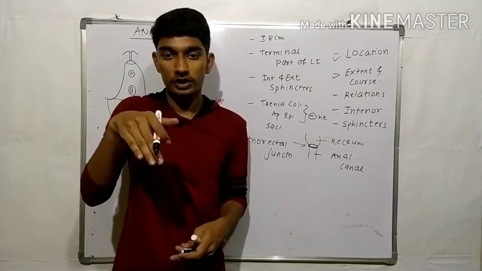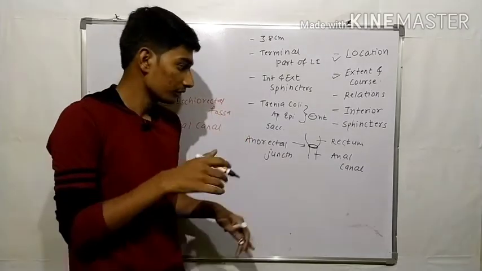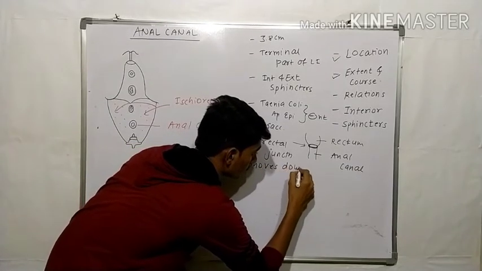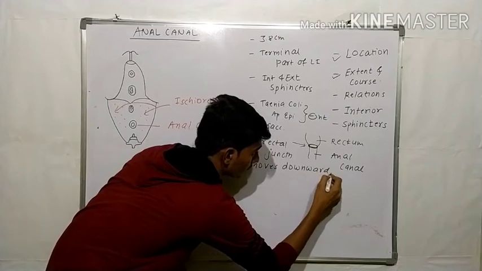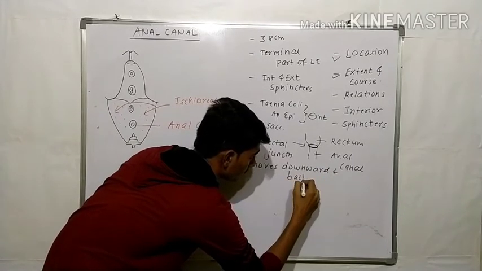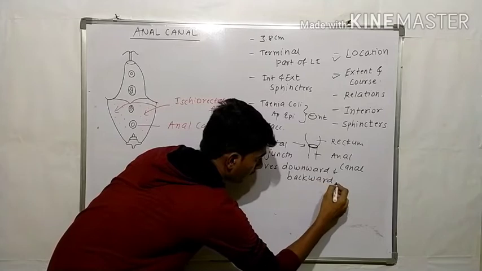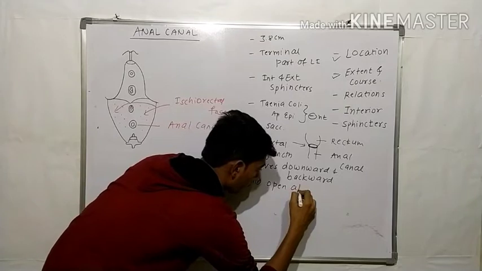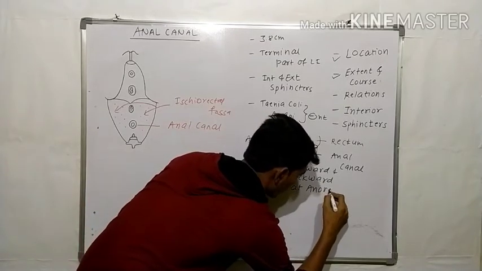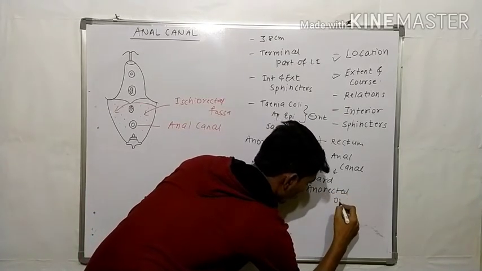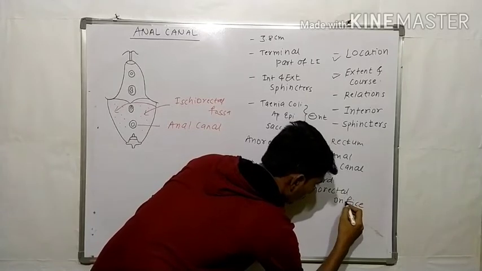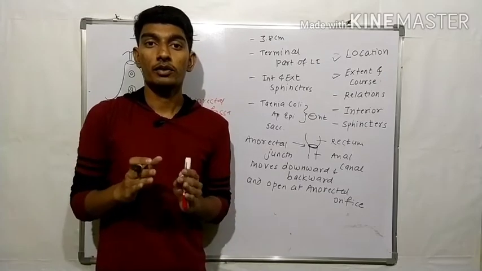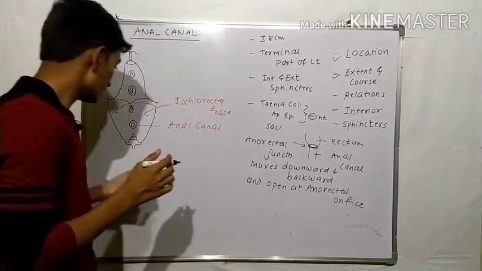It moves downward and backward and opens at the anorectal orifice.